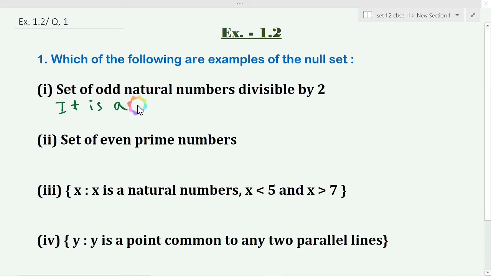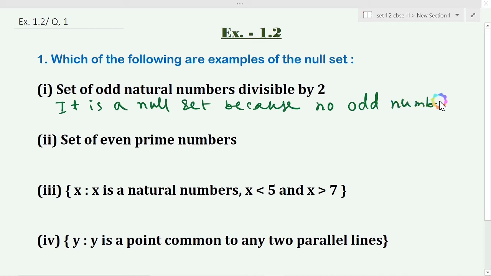It is a null set because no odd number is divisible by 2. We know that there is no odd number which can be divisible by 2. So this set contains no elements. So this is a null set.